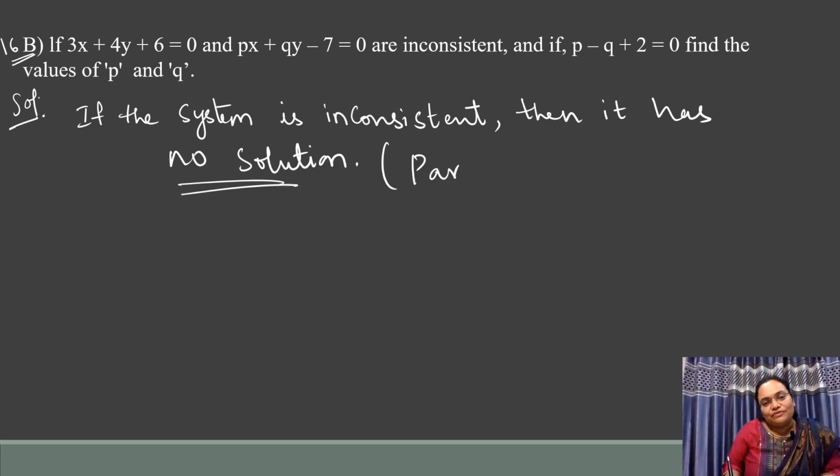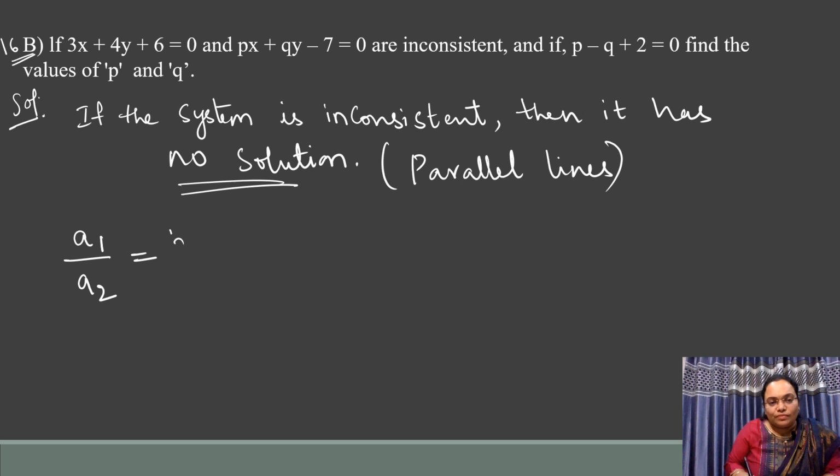Okay. For the parallel lines, right? Now what is the condition for the parallel lines? The condition is A1 by A2 is equal to B1 by B2 is not equal to C1 by C2.